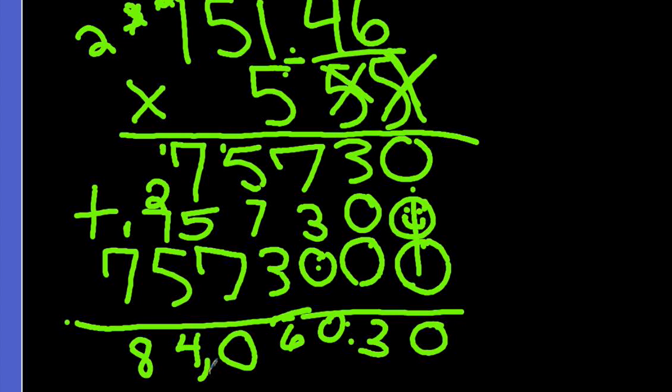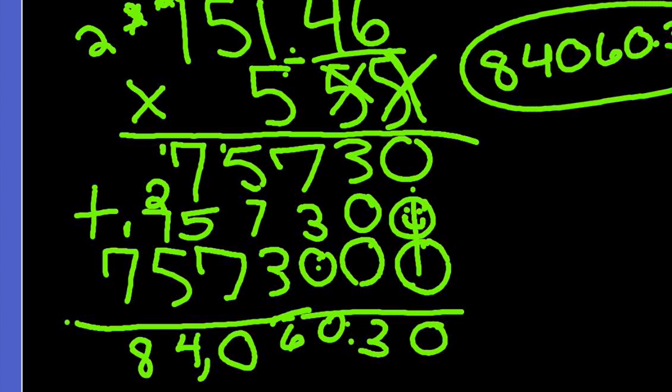And we're going to put a comma because you count from the back, 3 numbers, and then you put a comma. So our answer is... and our estimate is a little bit bigger because we rounded up both of them, so our estimate's going to be a little bit bigger than the real answer.